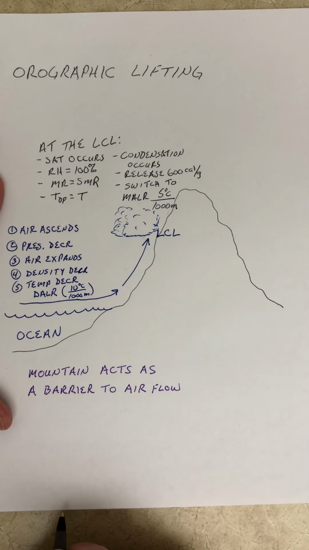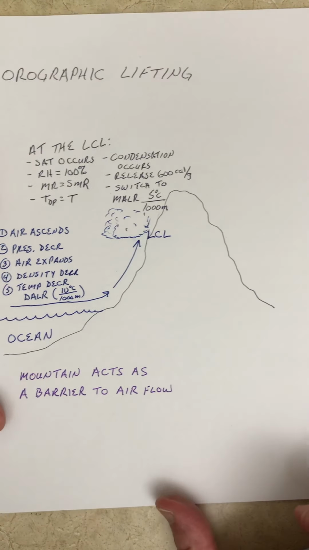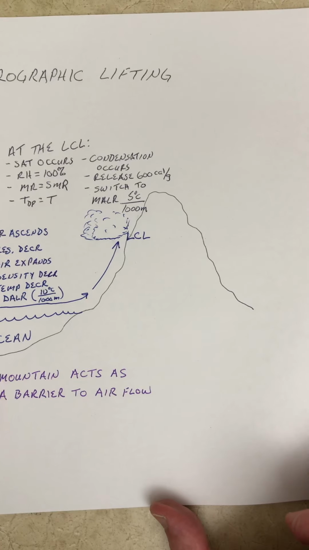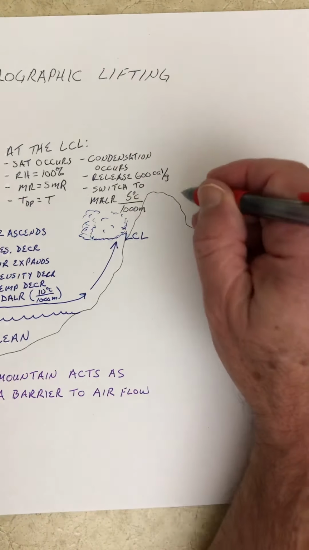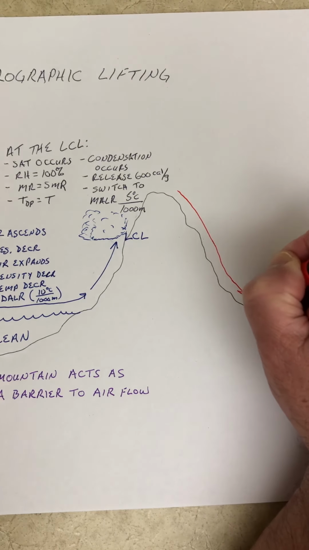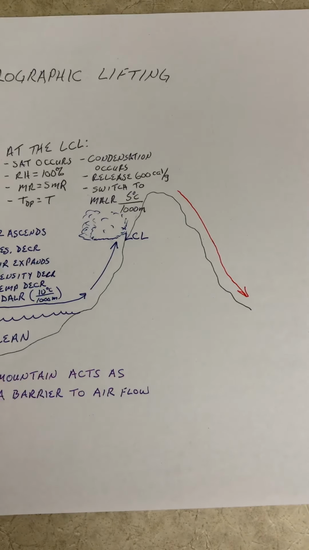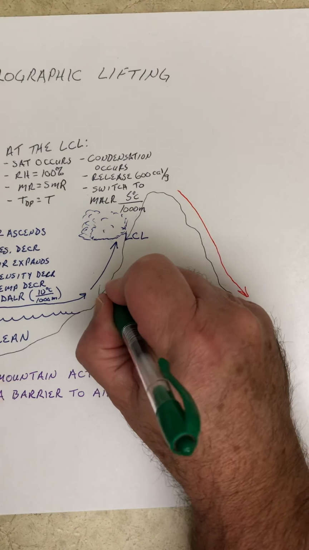Okay, so that's orographic lifting, but I think I'll take this opportunity, since we haven't drawn anything on the right-hand side of this figure, the air's got to come back down the mountain. And I guess maybe what I should say before that is, so this is called the leeward side of the mountain.